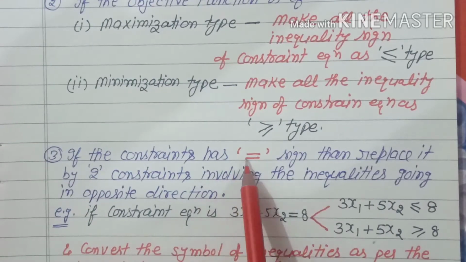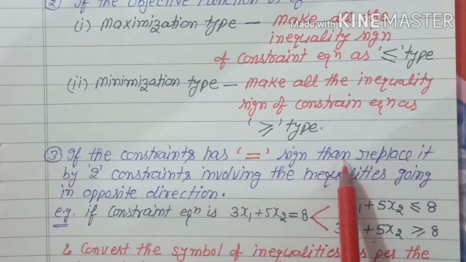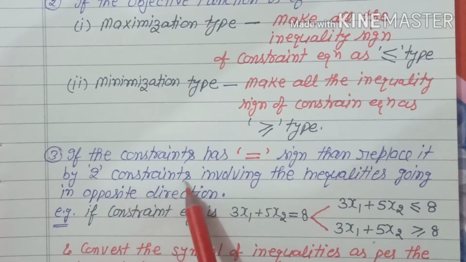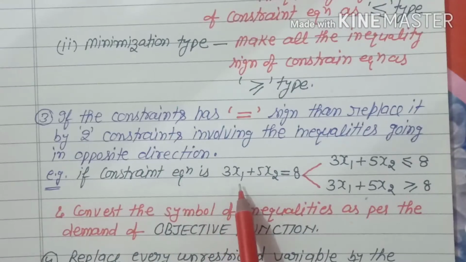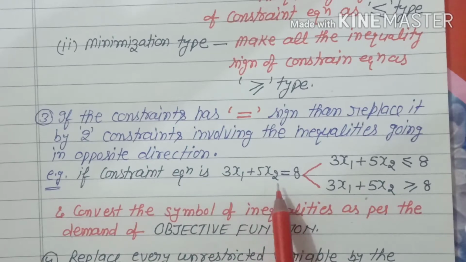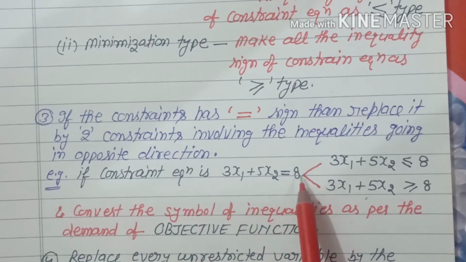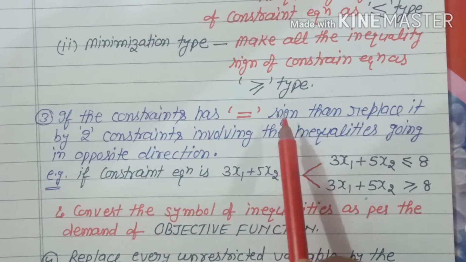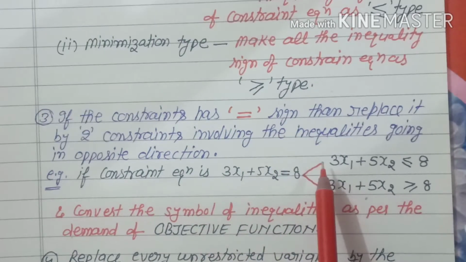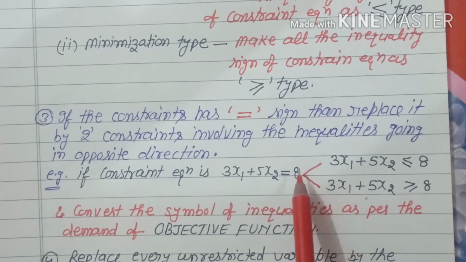But if the constraint has the equality sign, then we have to replace it by two constraint equations involving inequalities going in the opposite direction. Suppose the constraint equation is 3x1 plus 5x2 is equal to 8. Then we have to convert this equality into inequality symbols, as per the requirement of the objective function.